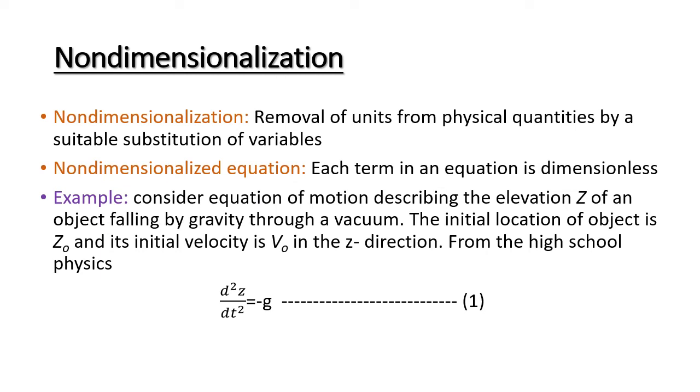Let's consider the equation of motion describing the elevation of an object falling by gravity through a vacuum. The initial location of the object is z0 and its initial velocity is v0 in the z direction. From our high school physics, we have learned the expression for this kind of problem as d square z by dt square equals minus g.